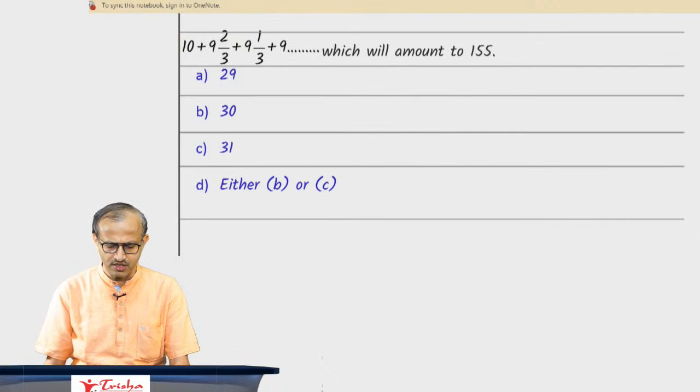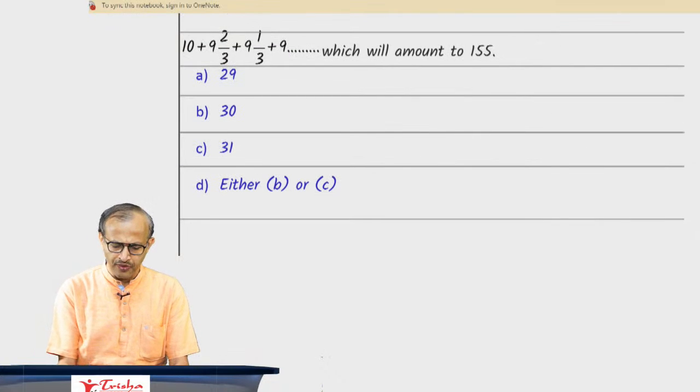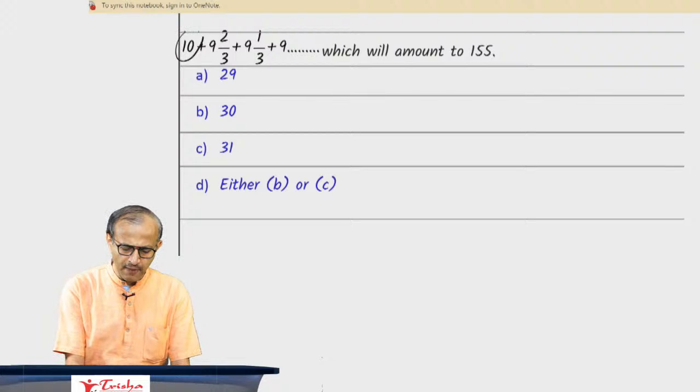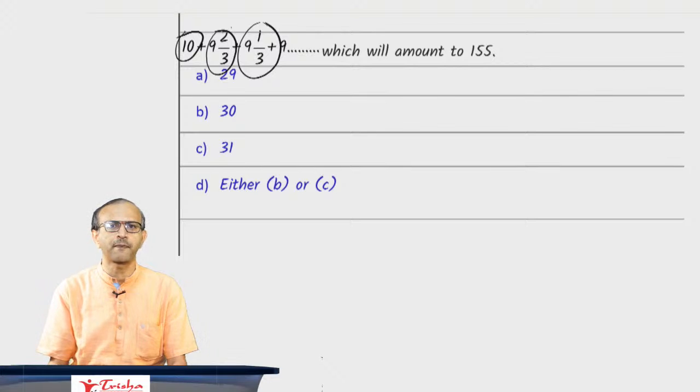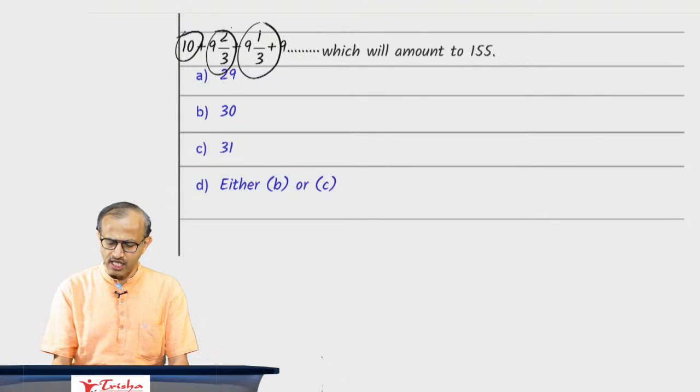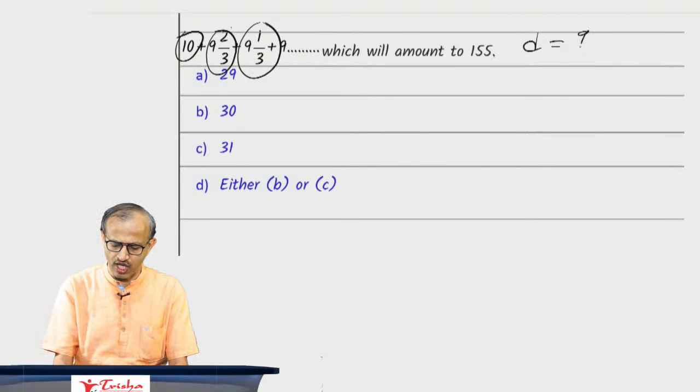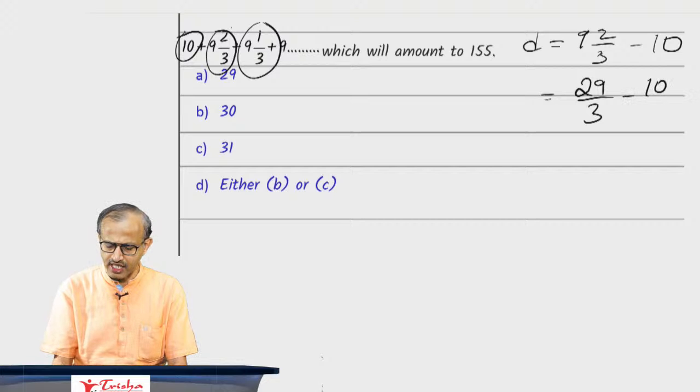Solution goes this way. Is it an AP? 10, 9 2/3, 9 1/3. Let us look at the difference. 9 2/3 minus 10: 3 nines are 27 plus 2, 29 by 3, minus 10.